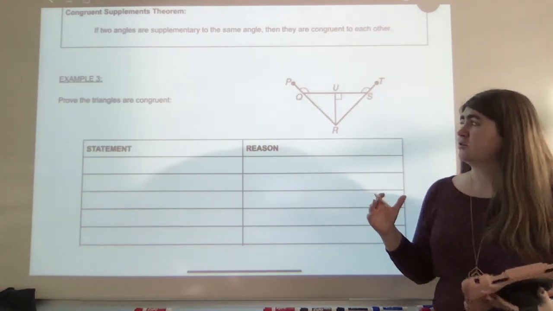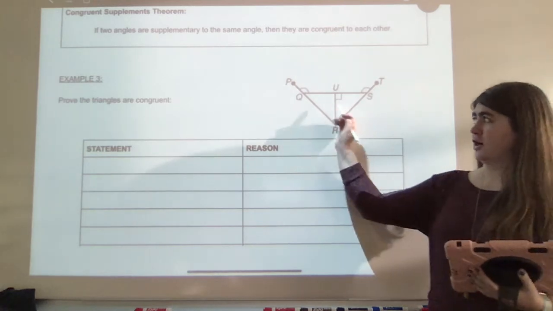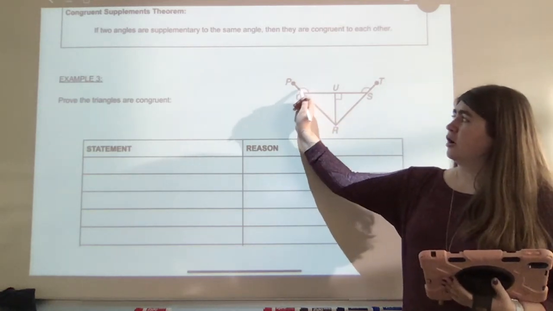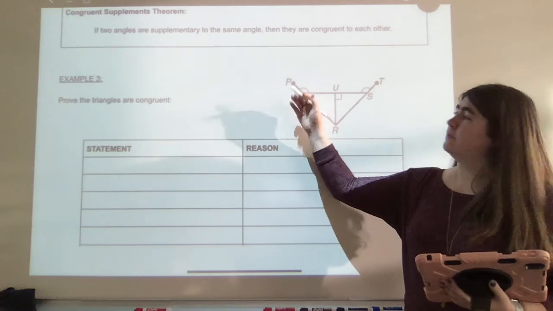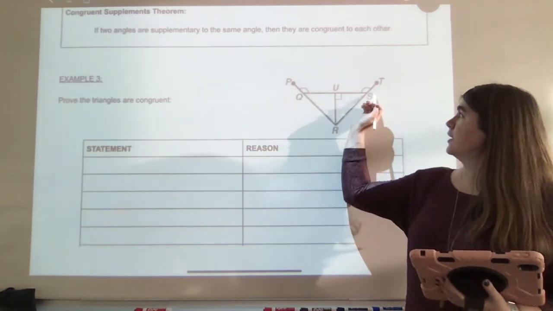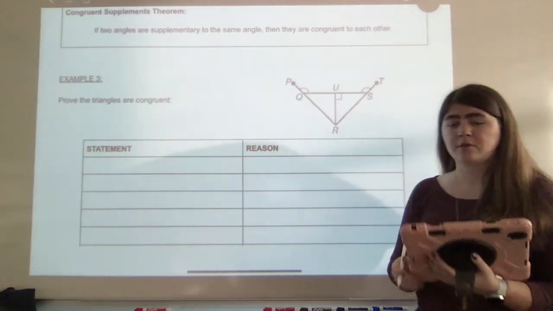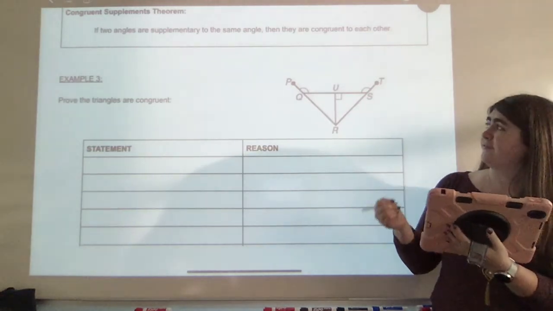So we're going to go ahead and start with our given statements, which is really where you should start in the first place. So in my picture, I have these arc markings on angle PQU and on angle TSU that show that those are congruent. So that's my first given statement.